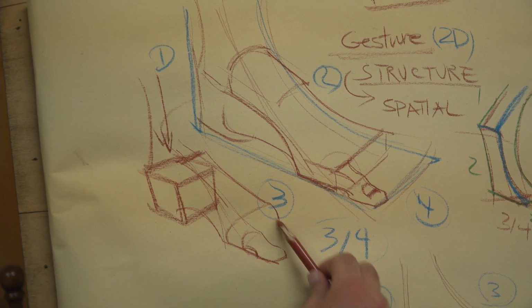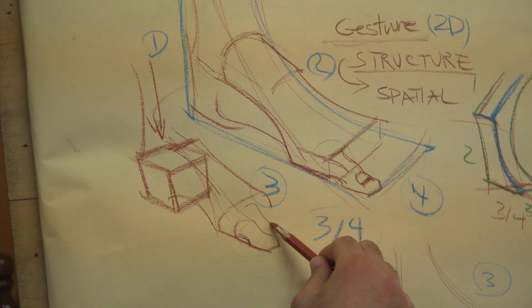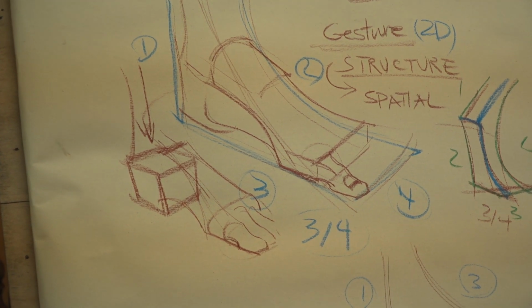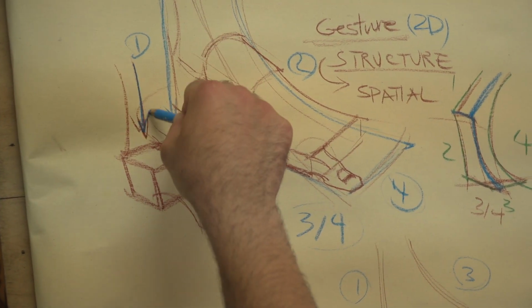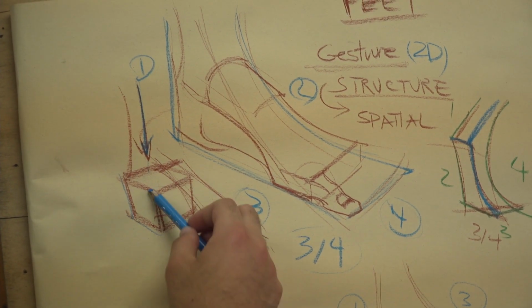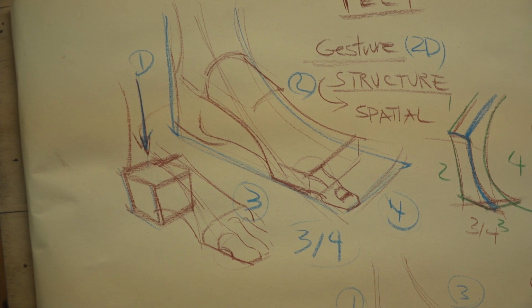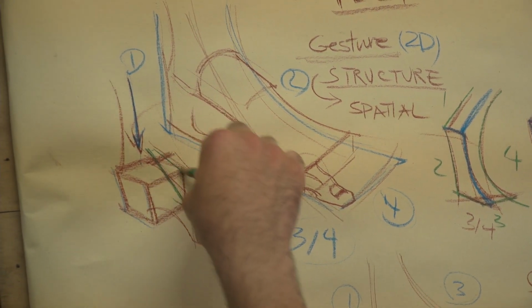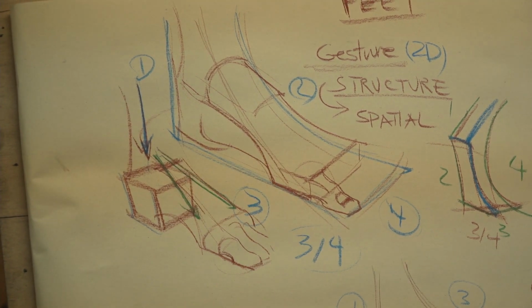And here we have the toes. But the point is that all the weight of the body comes down through this cube we have, and then we have a kind of distribution of weight like this on the foot.